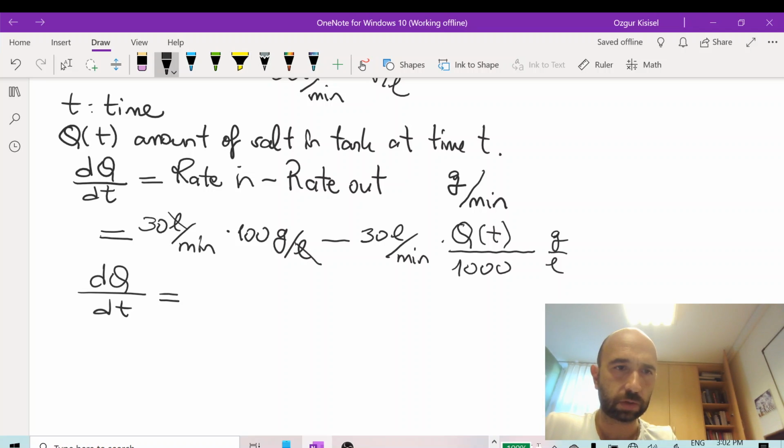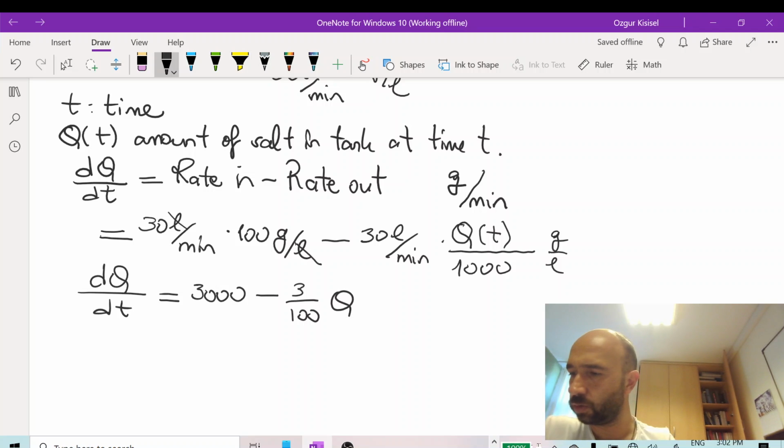Okay, now let me simplify. 3000 minus, now this is 3 over 100 Q. Okay, then how do you solve this problem?